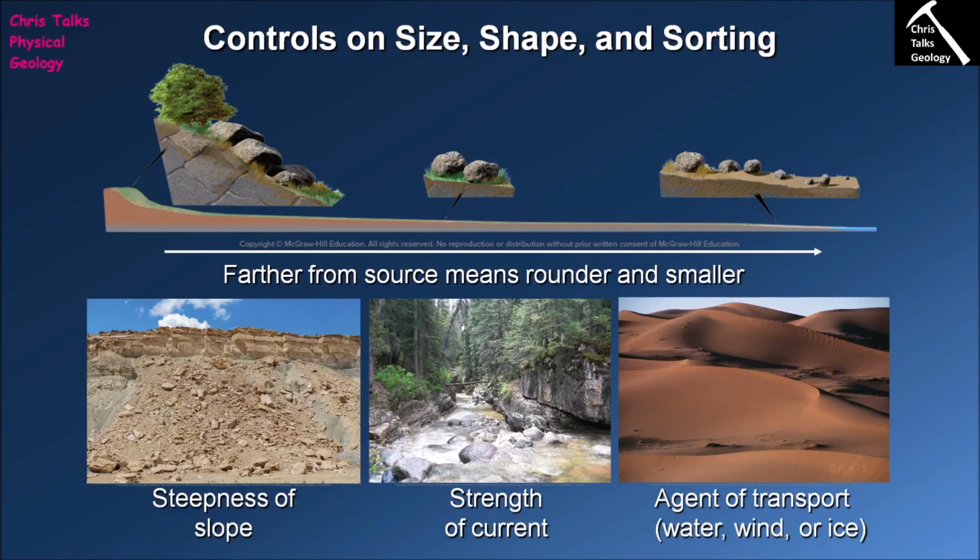In the case of water or ice, well, those are far more energetic systems, and so when the clasts bump into each other, or when the clasts grind against, let's say, the edge of your river channel, they are going to round off faster. So in terms of the size, shape and sorting, it's a reflection of how long the sediment has been transported for, how energetic the transporting medium was, and how strong the transporting medium was.